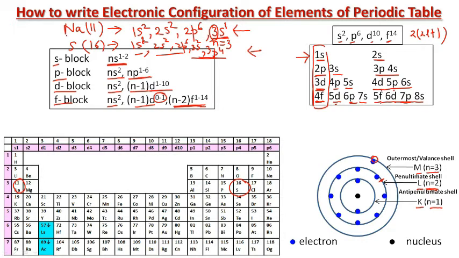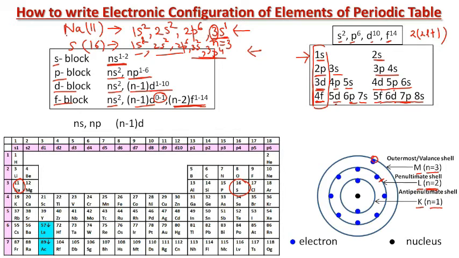To remember this, the s and p block elements have the same n number as their periods. However, d block elements follow the n minus 1 number.